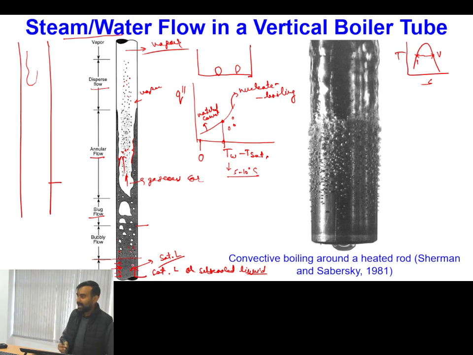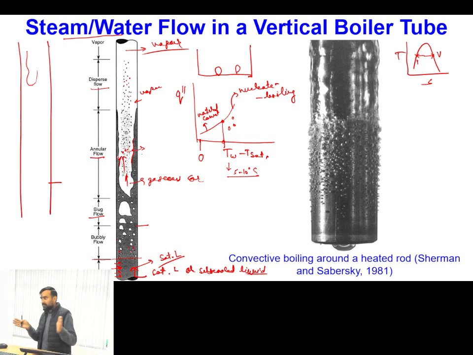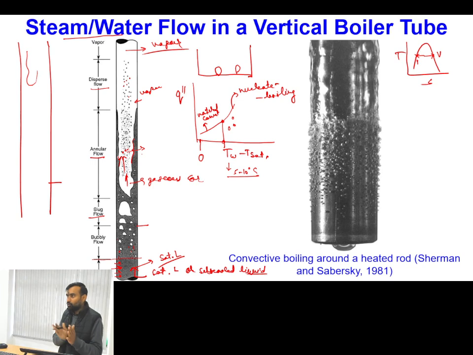From the bottom you may supply the same amount of liquid at constant velocity, but when you reach this regime, the gas is more, so it occupies more space and the liquid occupies less space, so the liquid velocity may become sufficiently high in order to achieve mass continuity.